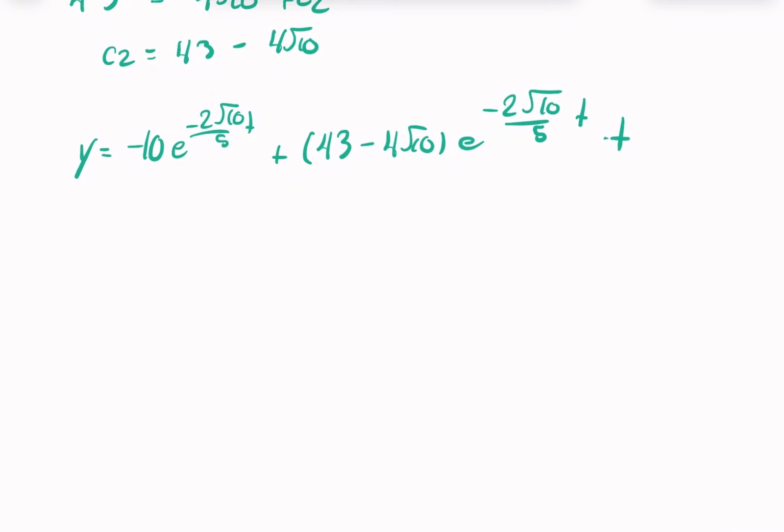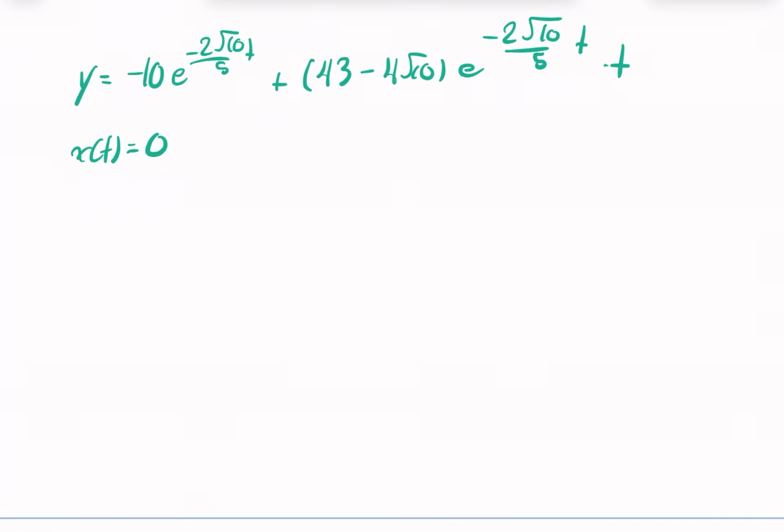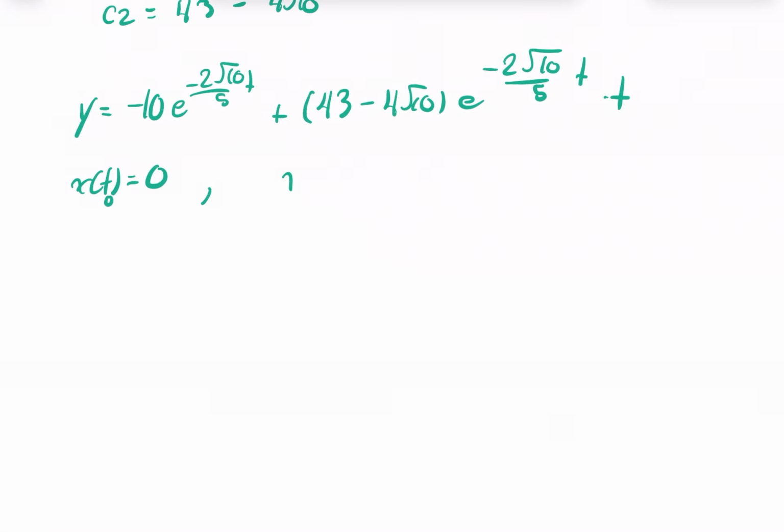And we want, for this question, when it passes through the equilibrium position. And so we're going to say that x at t equals 0, and we're going to solve for the time. The reason why we set this condition is because we're looking for a time when it passes through the equilibrium position.